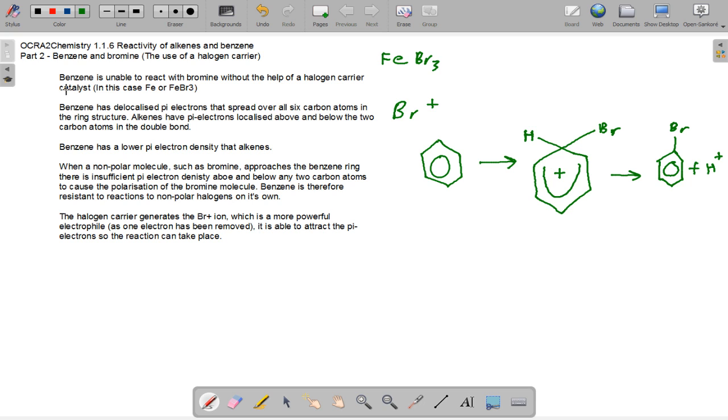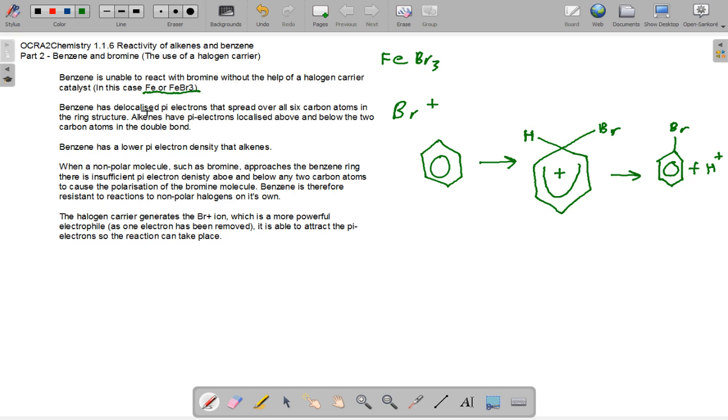So the actual mechanism behind the use of the halogen carrier and why benzene needs it is explained here. Benzene is unable to react with bromine without the help of a halogen carrier catalyst. I've said in previous tutorials that iron or iron bromide are required for any halogen, but it's the same for chlorine and fluorine as well.